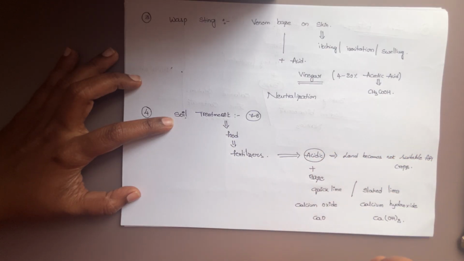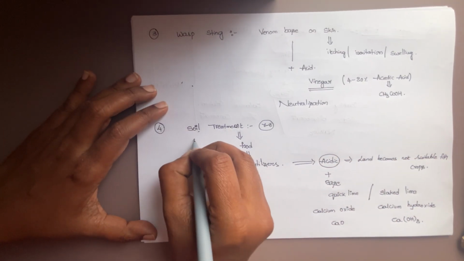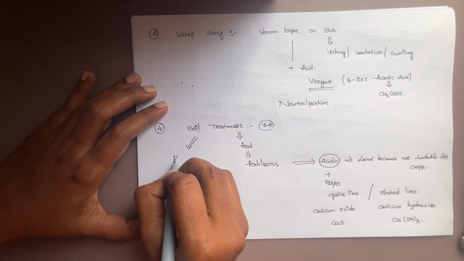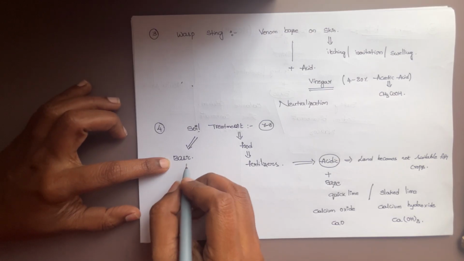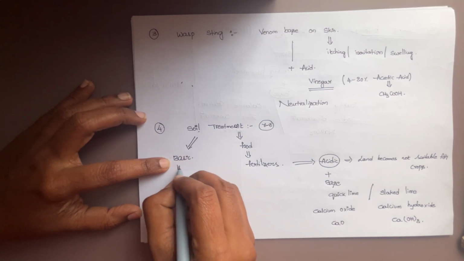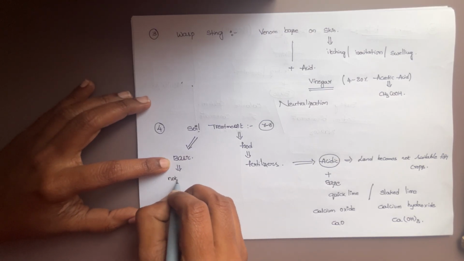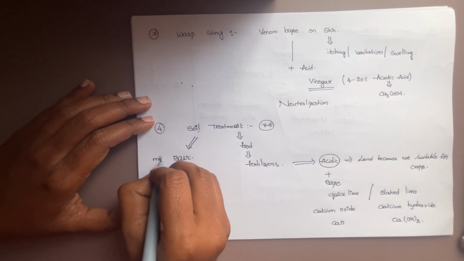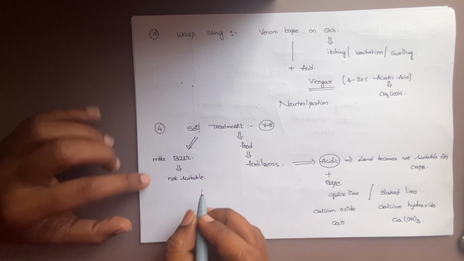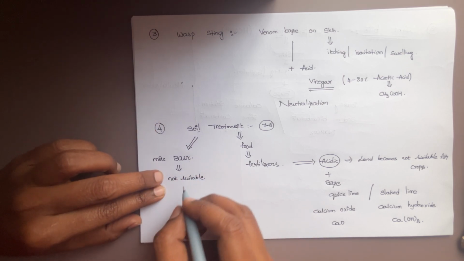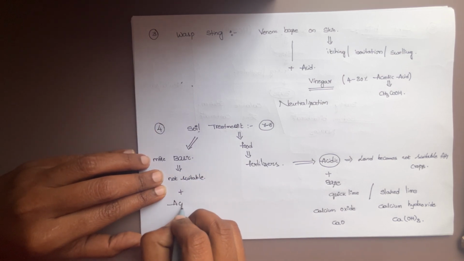If not, then what happens? If the soil is more basic in nature, the land again becomes not suitable. More basic is also not suitable. So we have to nullify the effect of the base by adding acid.